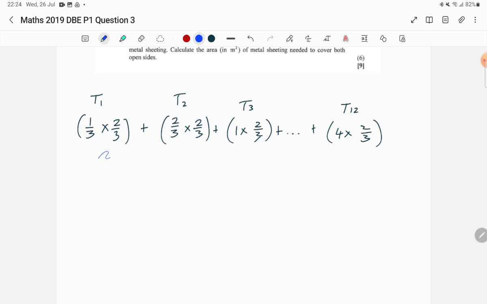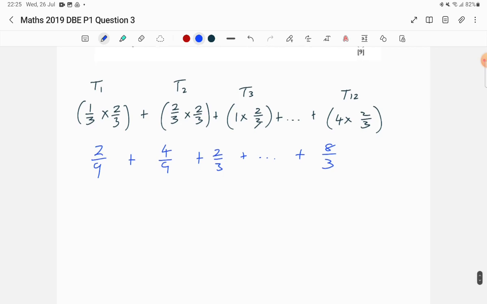So this will be 2 over 9 plus 4 over 9 plus 2 over 3 plus 8 over 3. As we can see, each time we are adding 2 over 9 to every single term.